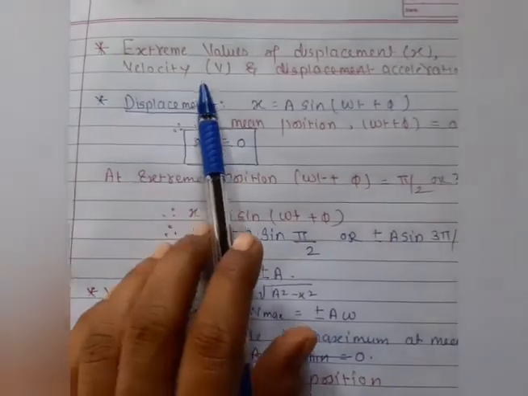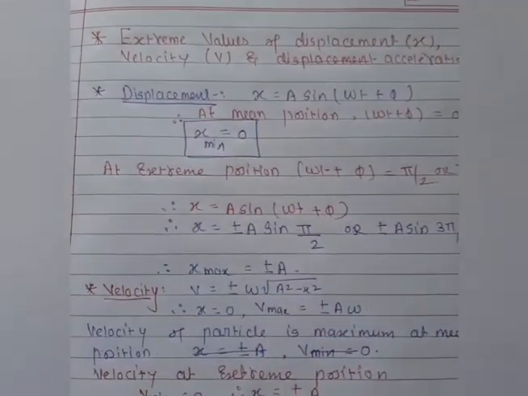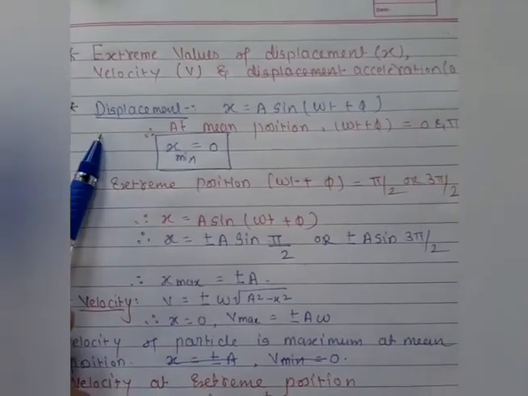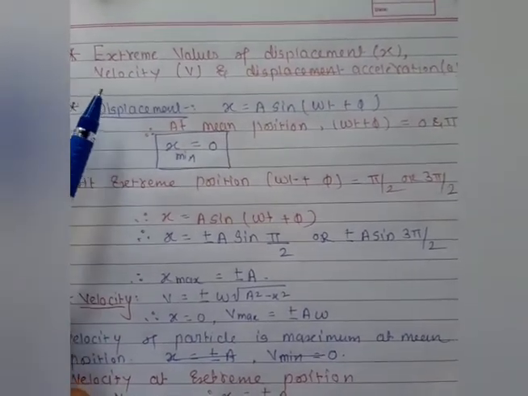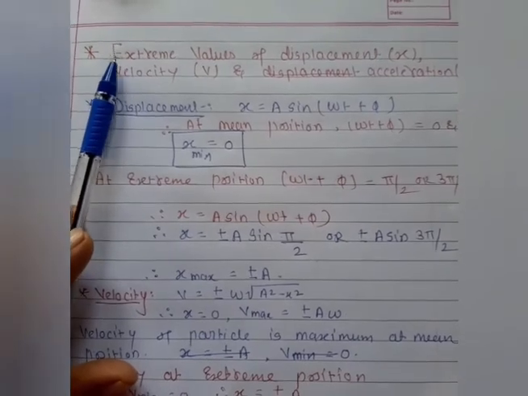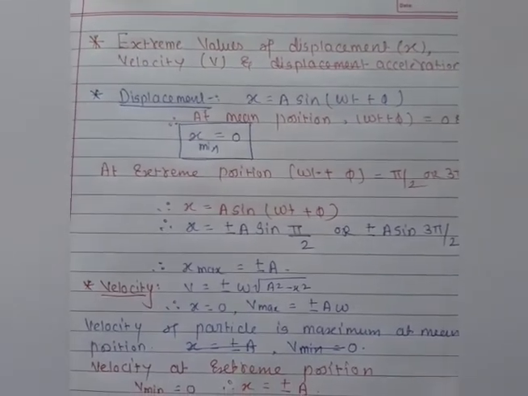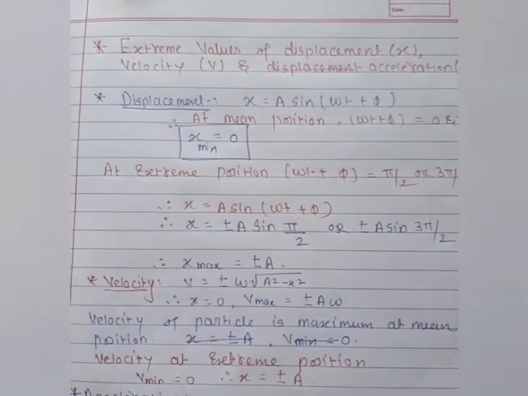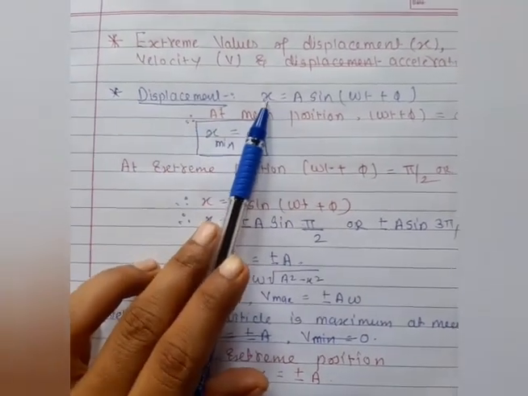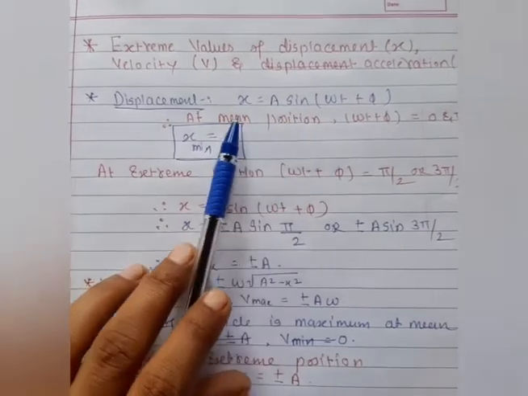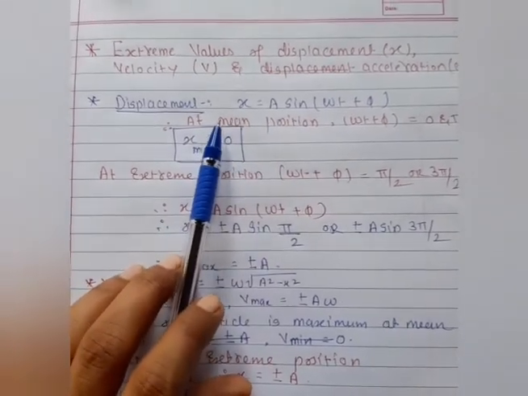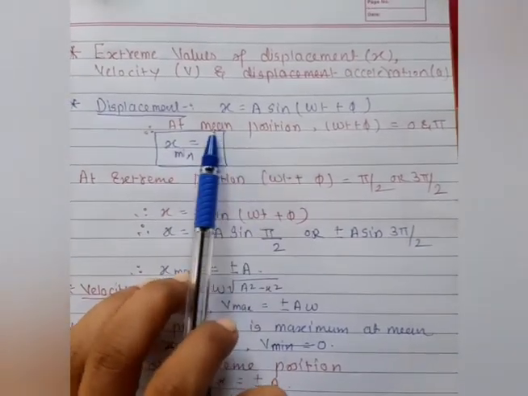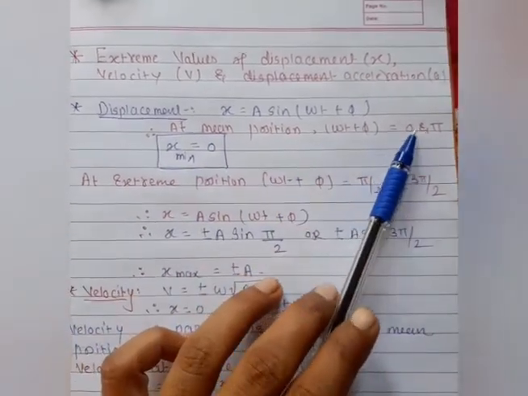The extreme values of displacement, velocity and acceleration. So let's consider all the equations for the extreme values. As you know very well, students, the displacement we already have, that is a sine omega t plus phi. First we consider the mean condition. At the mean condition we apply the angles 0 and pi.